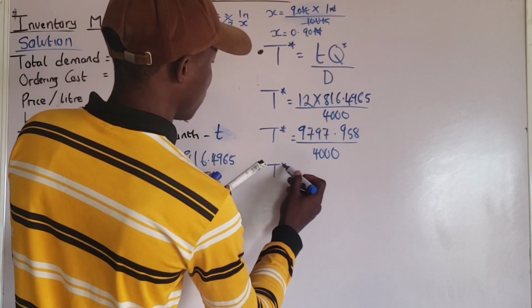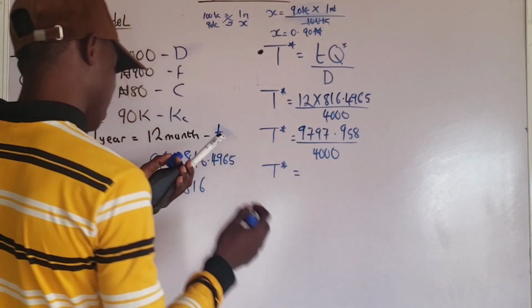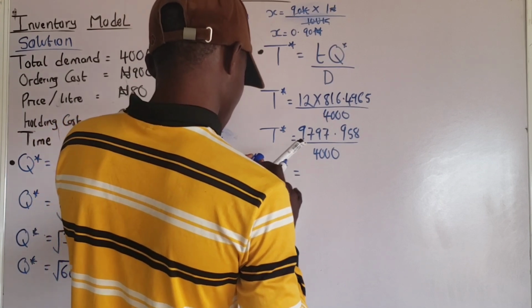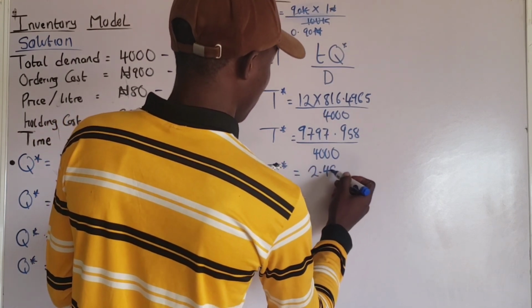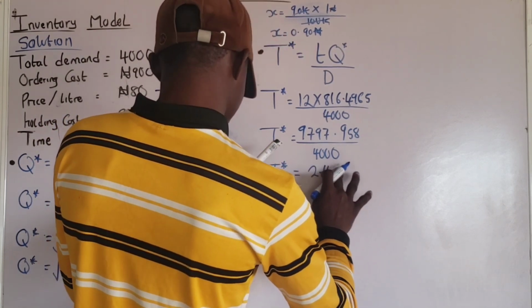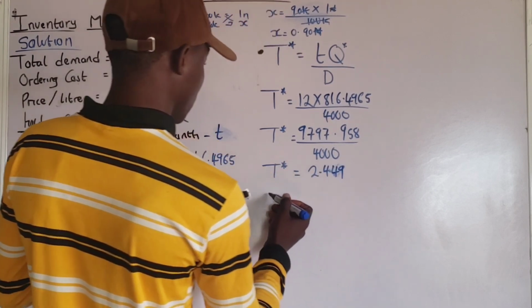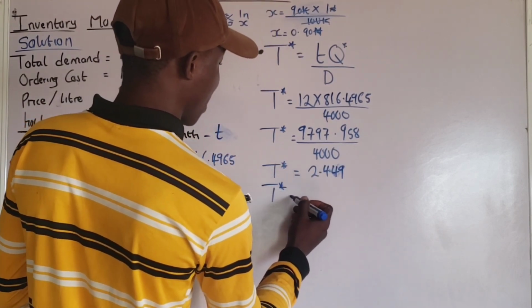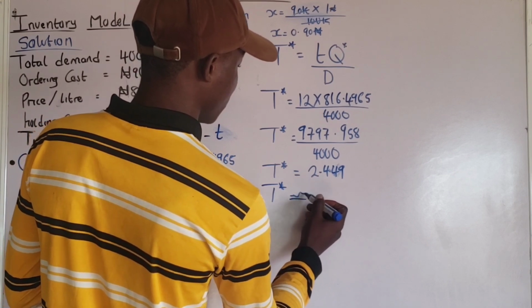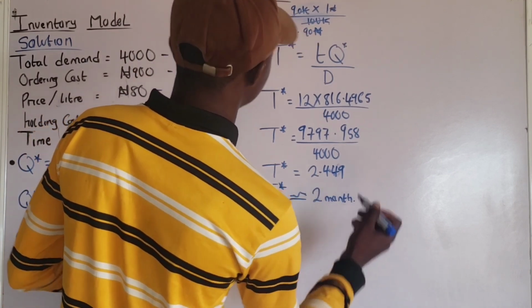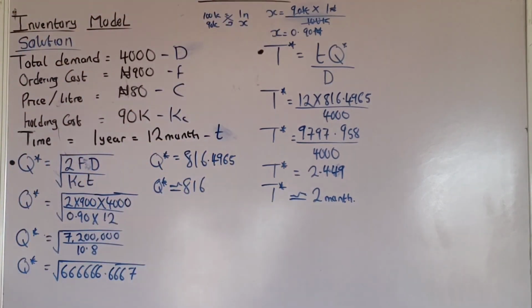Okay, so the optimum period that the firm should hold inventory is 2.449. So if you want to approximate, you're going to have approximately 2 months. Okay, 2 months. Now, we are done with the second question.